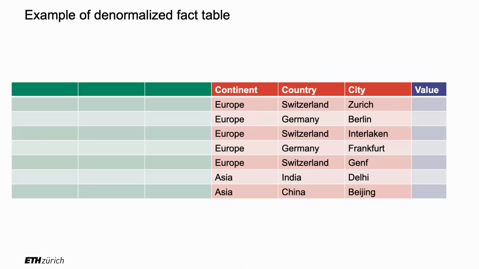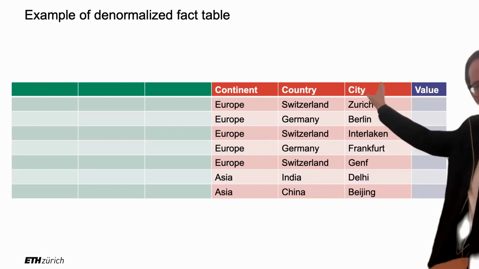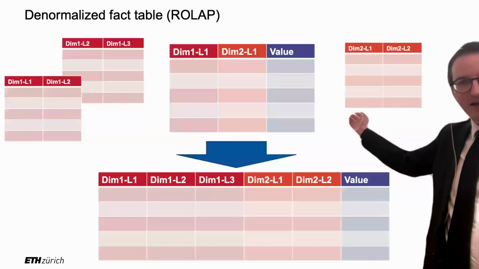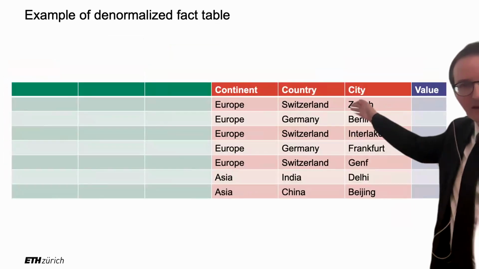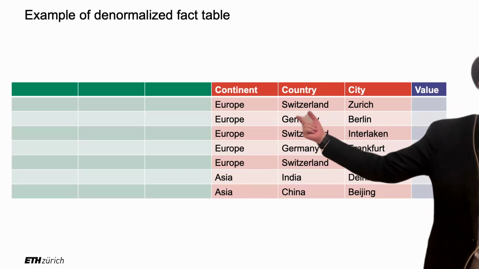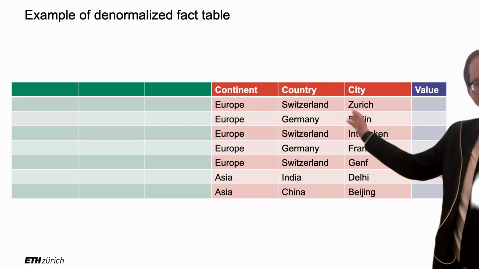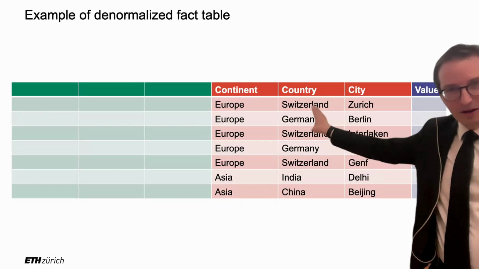An example is if I denormalize my fact table for the geographic dimension, and I had my city that was my original value, and then I join it with this here. What I get is an additional country and continent column, but they're not other dimensions. They are the same dimension, it's just additional data. And now you see that we have redundancy.